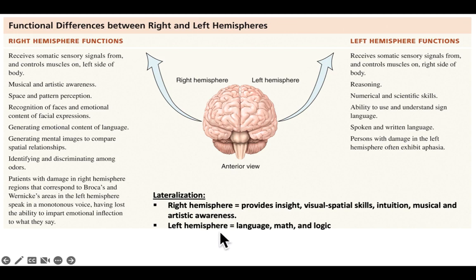The left hemisphere is more language, math, scientific skills, and logic. All right, so the take-home message of this slide is this first statement here, right, on each side, that they control and receive from the opposite side of the body. And then just some of these kind of traits that I've summarized down here.